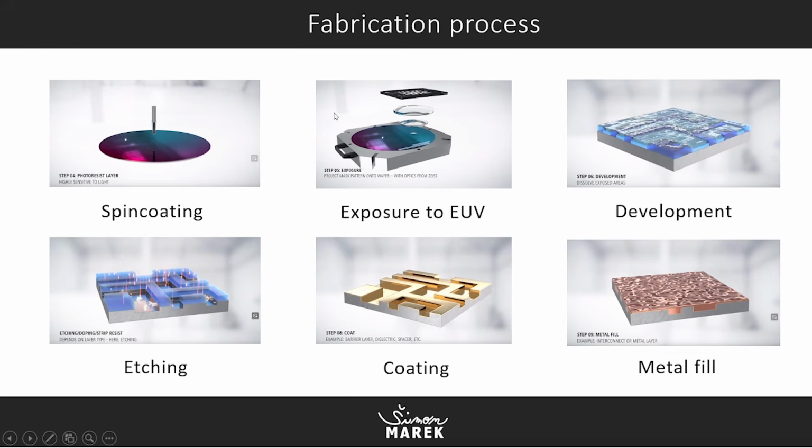And here is our fabrication process. It starts with spin coating, exposure to EUV, and for this you use ASML machines. Then you have development of the circuits, etching, and when it's etched, you need to coat it and metal fill it.